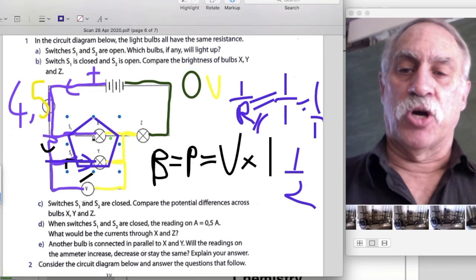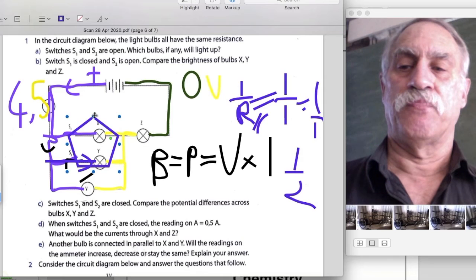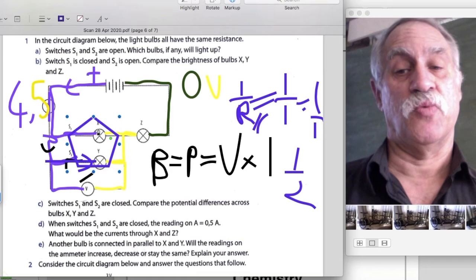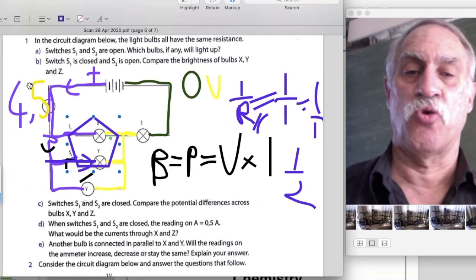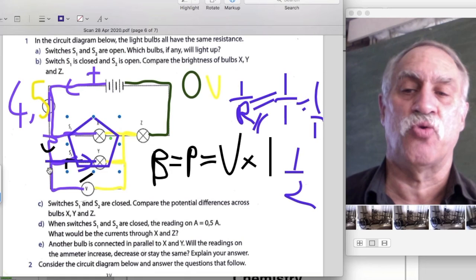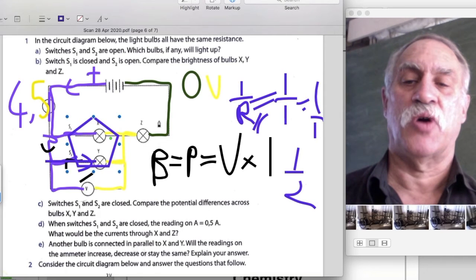So we've got half an ohm and 1 ohm, so if you divide 4.5 by 3, which comes to 1.5, it's going to drop 3 volts here and 1.5 volts there. It would drop 2/3 of 4.5 and 1/3 over here, because this is twice as big as that.